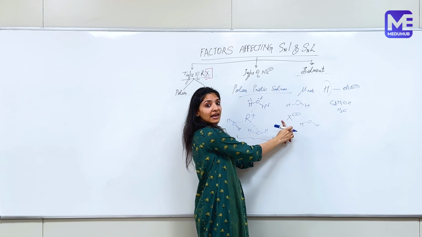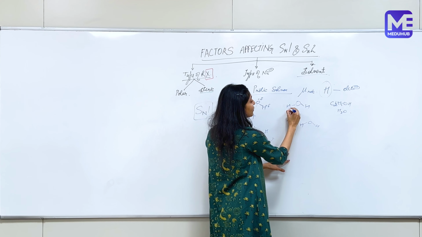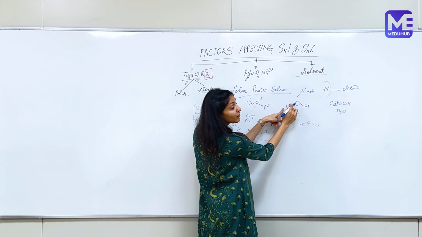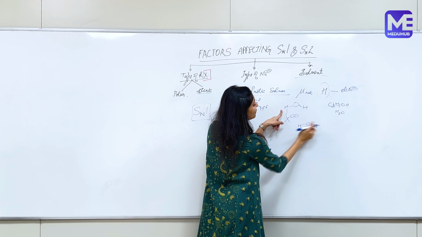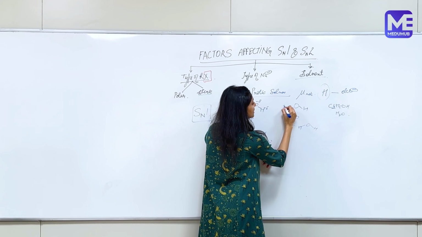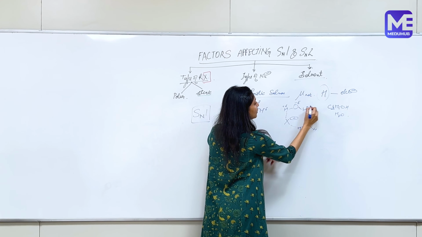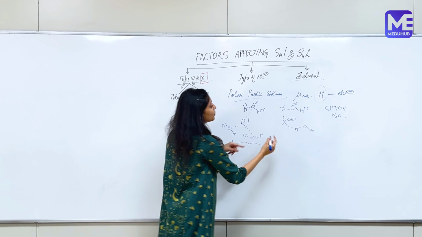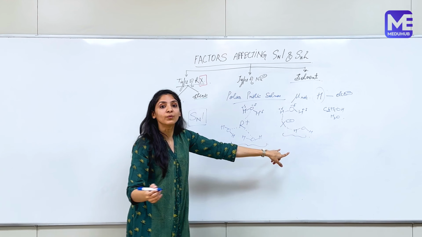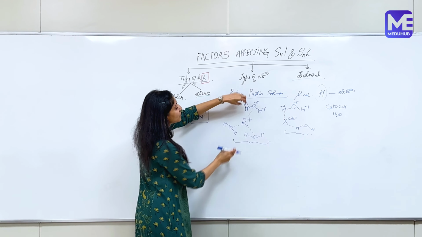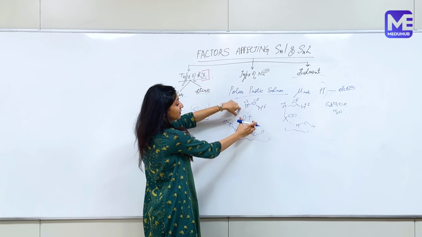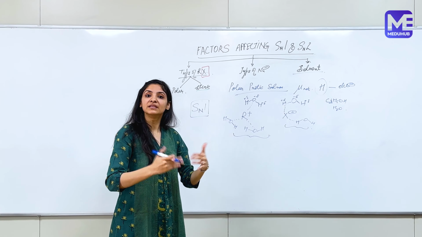Similarly, this leaving halide ion will also form hydrogen bonds with the hydrogen of this solvent molecule, that is water. Here, this has slight positive charge, oxygen has a slight negative charge. So halide ion will also be solvated. So more is the interaction between the solvent molecules and the ion, more will be the solvation, more will be the stability.